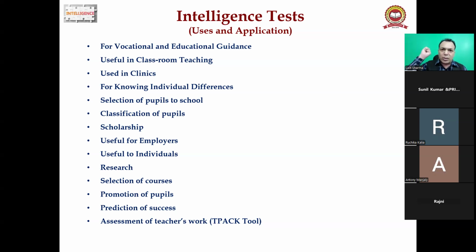They have to become a doctor, IAS. What happens then? A lot of time and energy is wasted, right? Because this is the important first step, guys. Then only proceed further. Proportion of pupils, prediction of success. So these are all the intelligence tests that are used for different purposes.